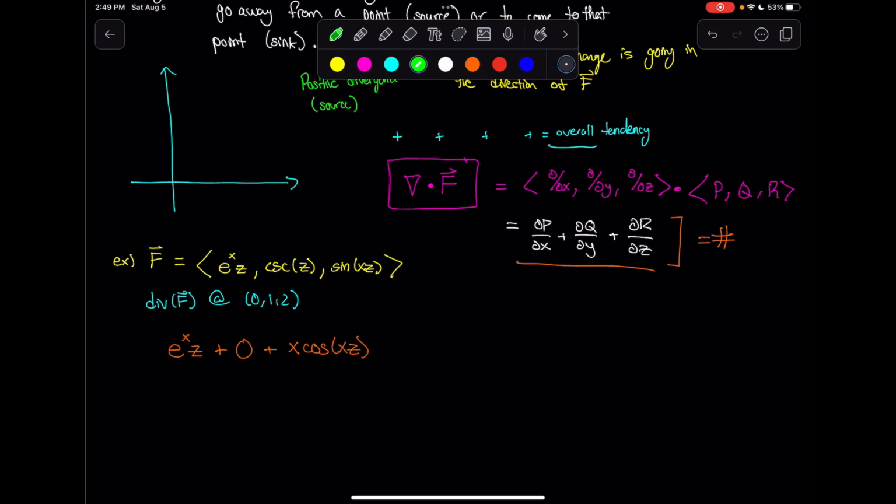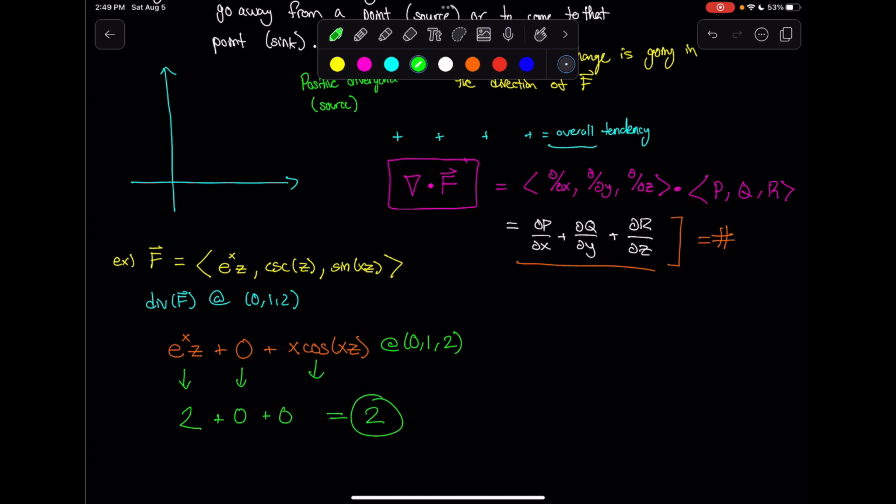And now we just have to evaluate it at the point (0, 1, 2). If we do this, the first component is going to end up being 2. The second component is still 0. And the third component is also going to be 0, so it looks like the divergence is 2.